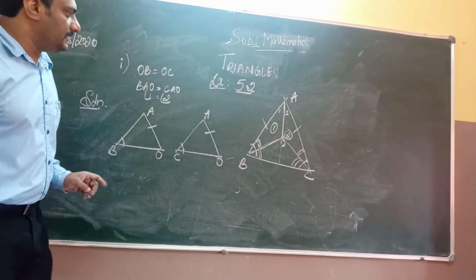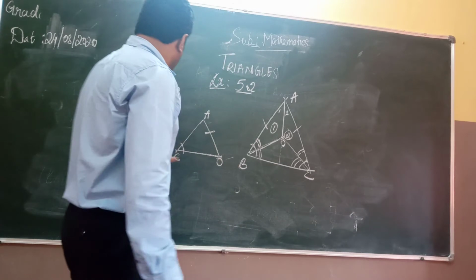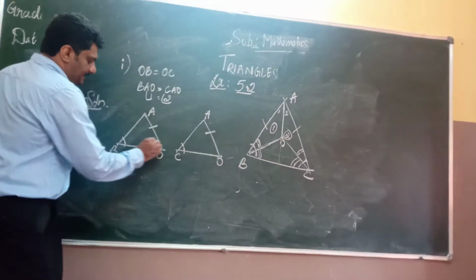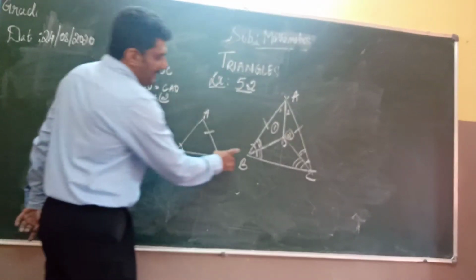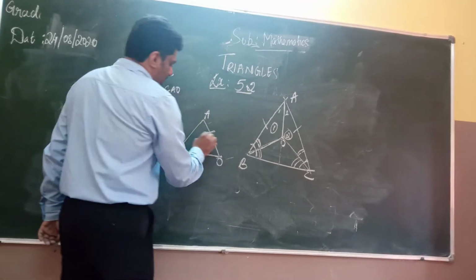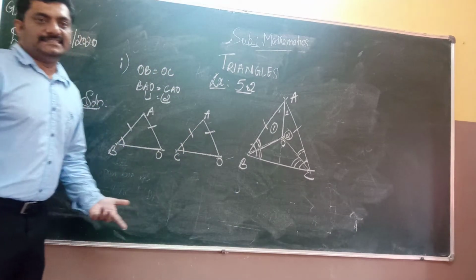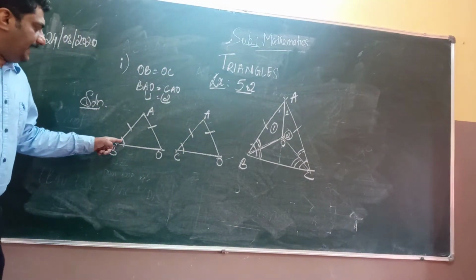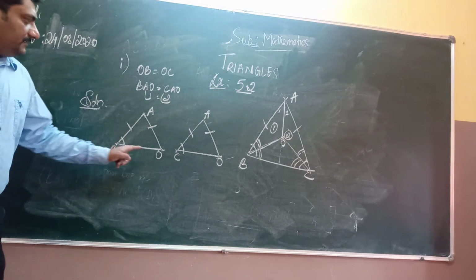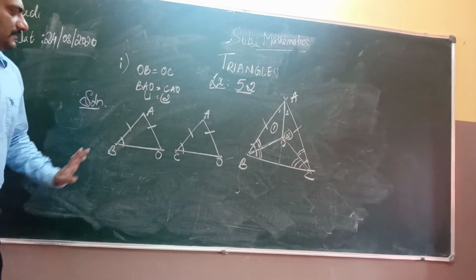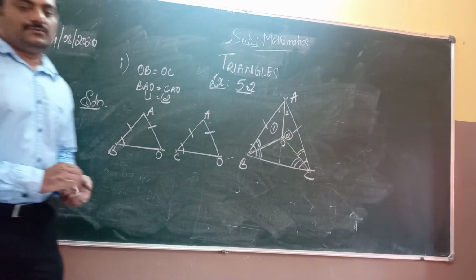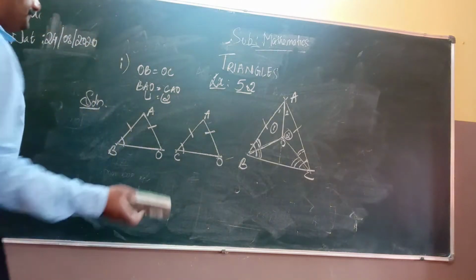Now, what information do we have? I have this side, this angle, and I know AB also, right? Even this is equal to this, because it is isosceles. So angle and side, we don't have any such criteria. Now this is common. So in this, we cannot do anything. We cannot prove it.